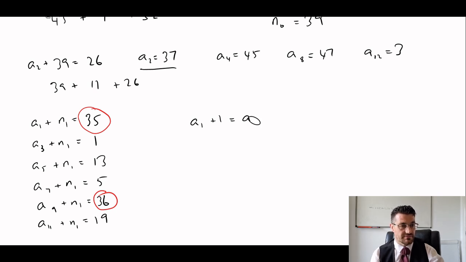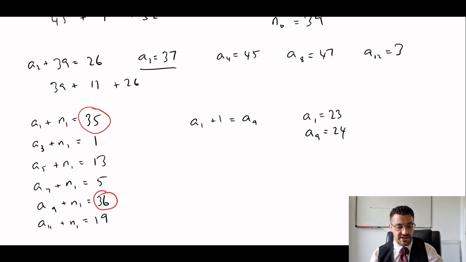So in my original list of numbers, are there any successive integers? Yes, 23 and 24, for example. So that gives me that A1 is equal to 23. It gives me that A9 is equal to 24.